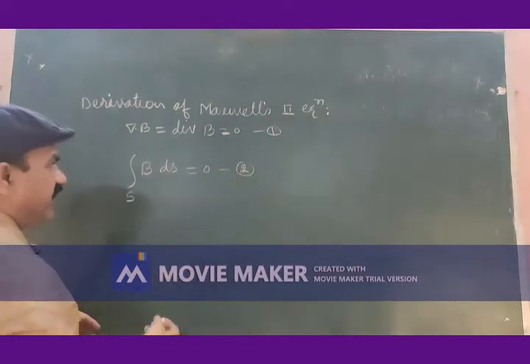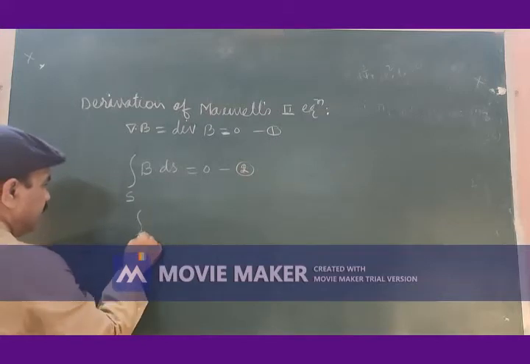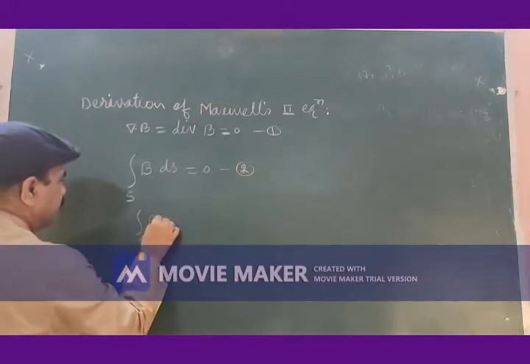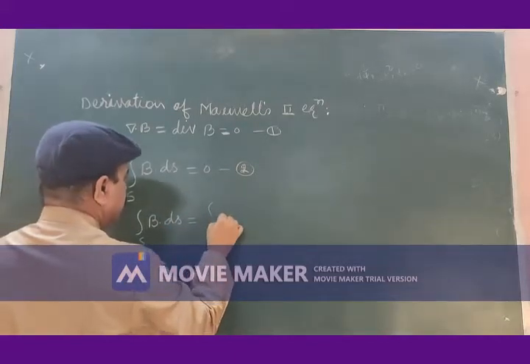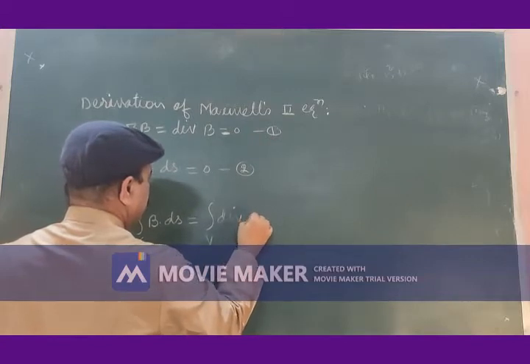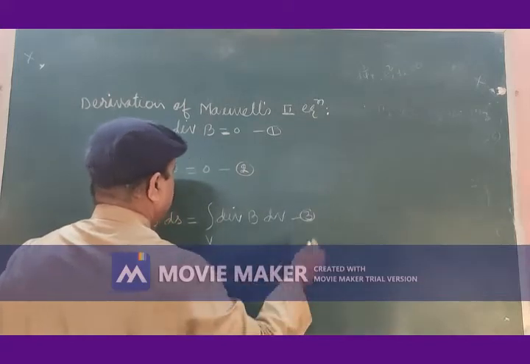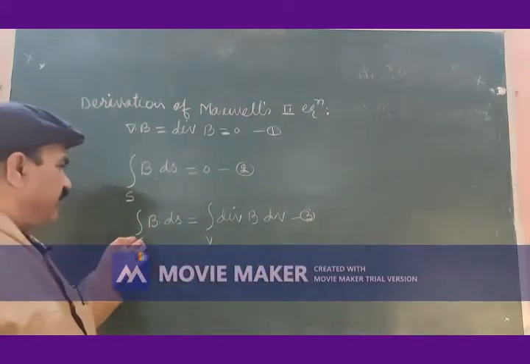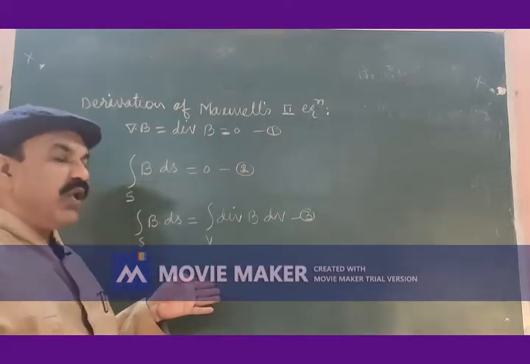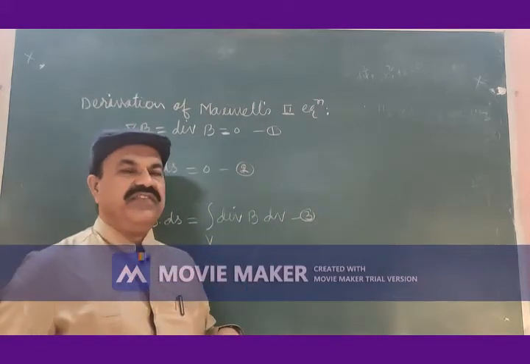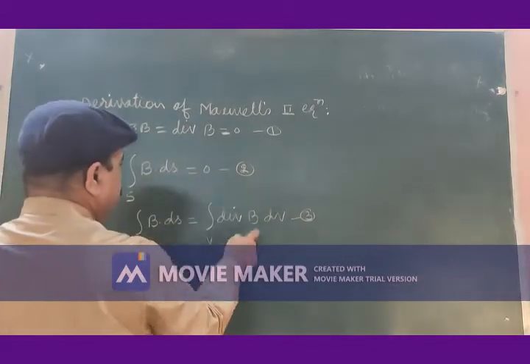Applying Gauss's divergence theorem to equation 2, it may further be written as surface integration of B dot ds is equal to volume integration of divergence of B dv, equation number 3.